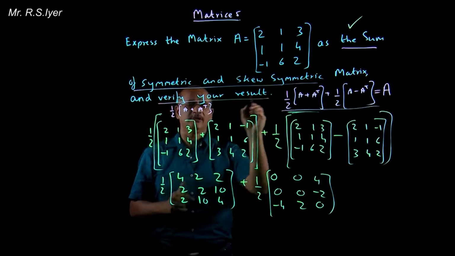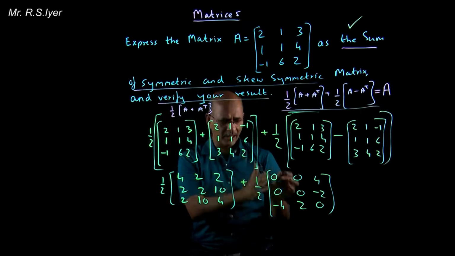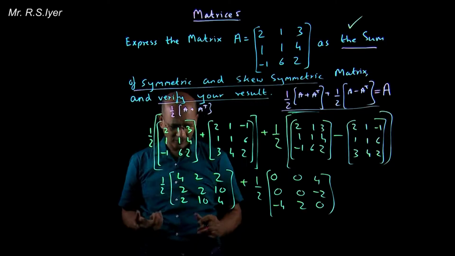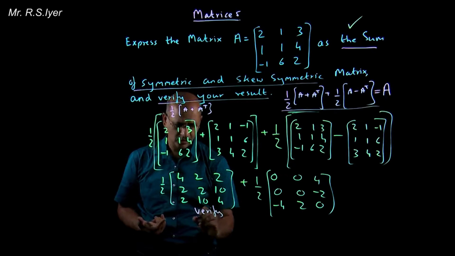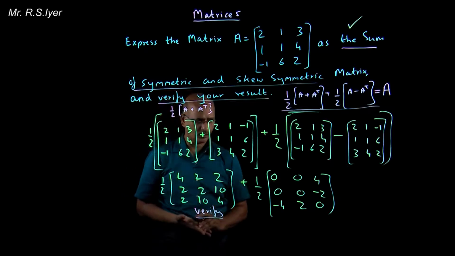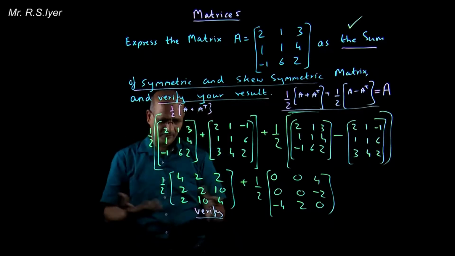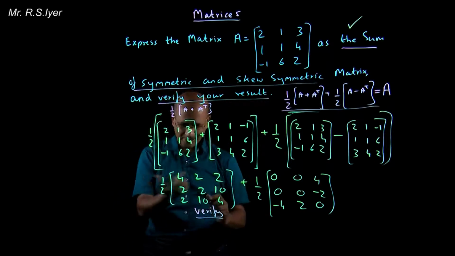Verify your result. So half A plus AT plus half A minus AT should give you A back. So let us see whether we get the verification. I think it's just one step actually. I can take half common.